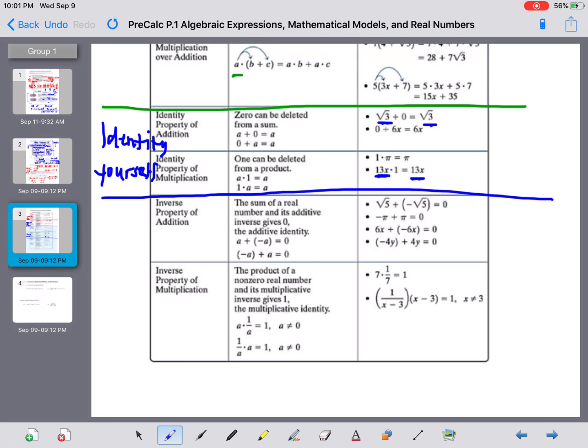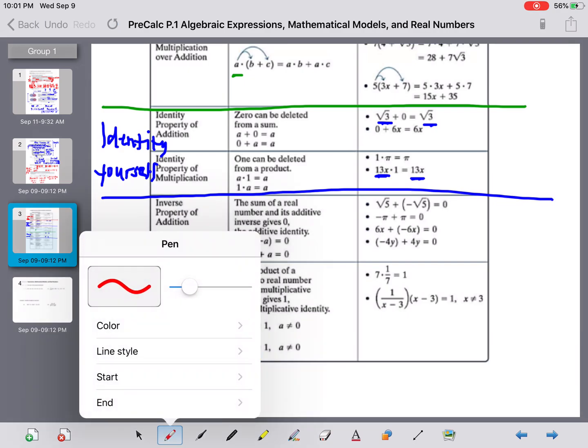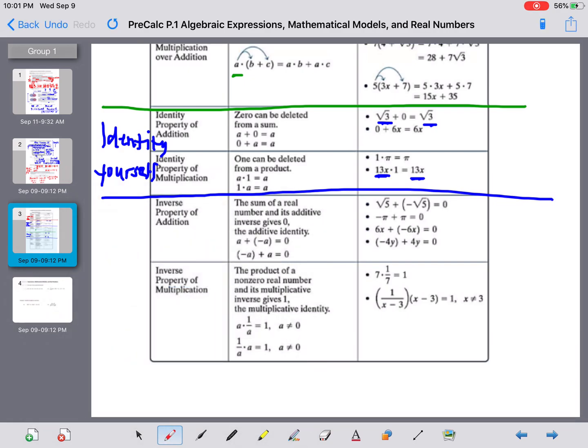And to be honest, I think it sometimes gets mixed up with the inverse property, probably because they both start with i's. But with the inverse property, I want to undo, to go back to the base. So with this, I'm undoing whatever I had, and I go back to the base.